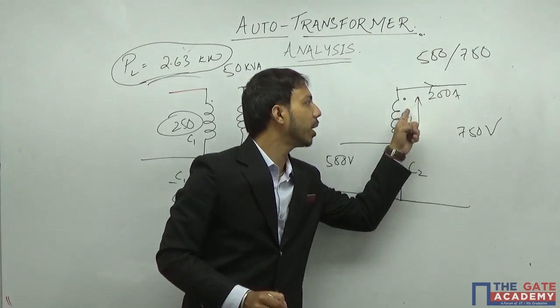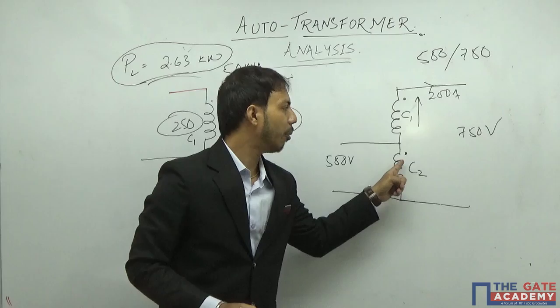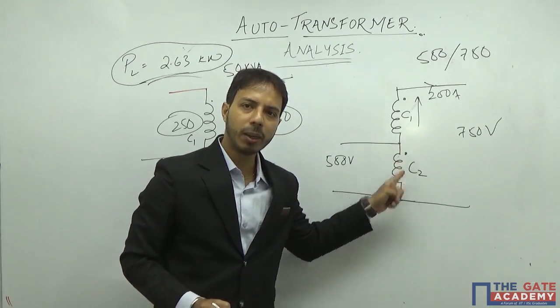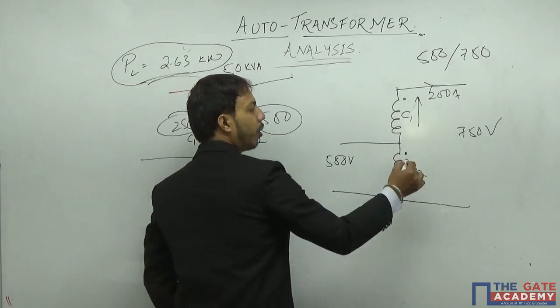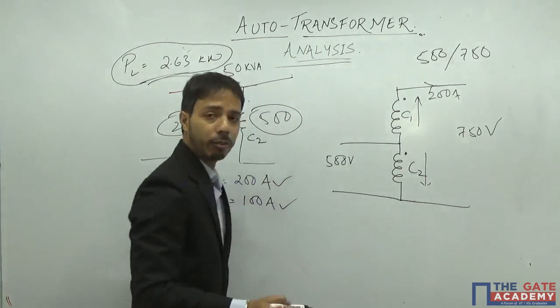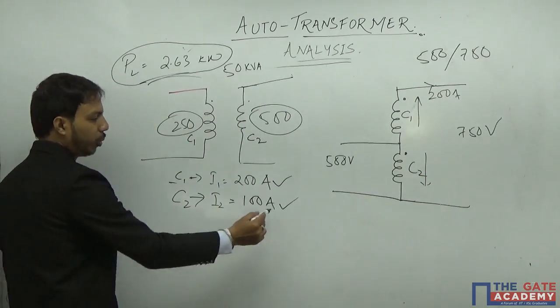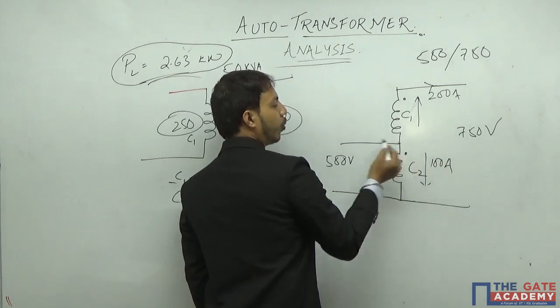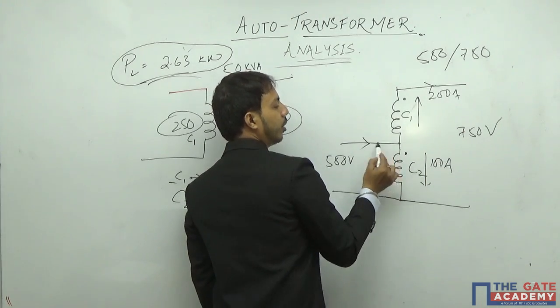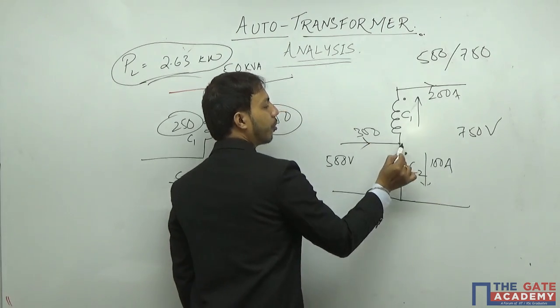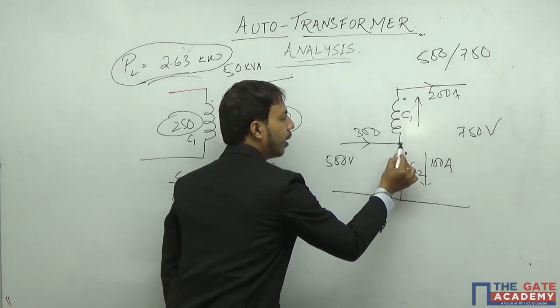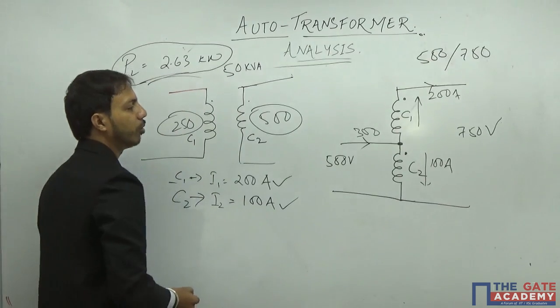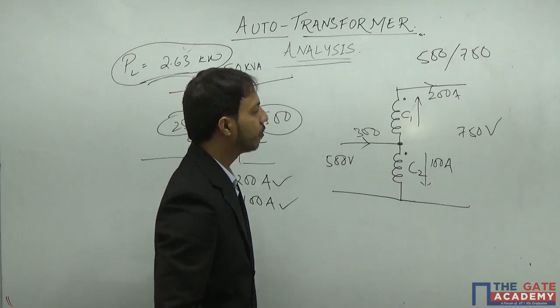If current is coming out of this dot, what will happen at this dot? Current will be coming inside. How much current will come? I know C2 is 100. So 100 amperes will be coming inside. So what will be the current that is flowing here? This should be 300. By applying KCL at this point, I can find out easily that the current will be 300.